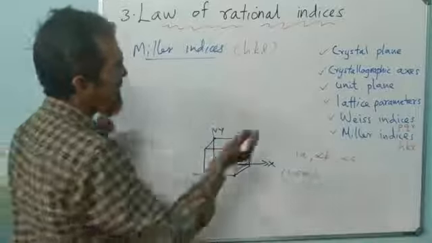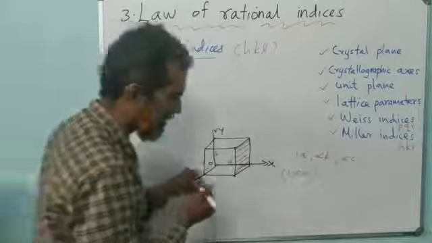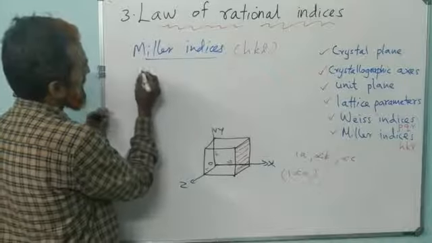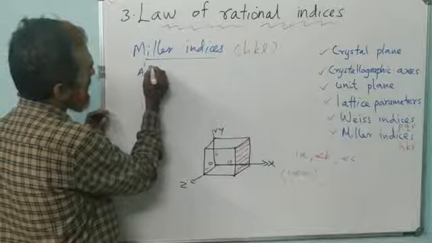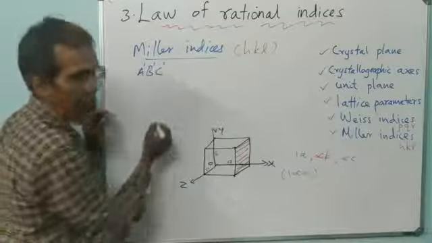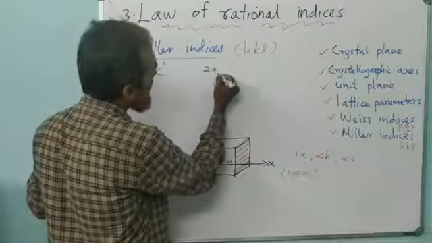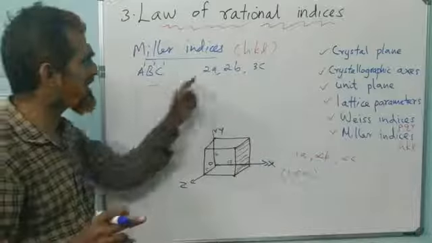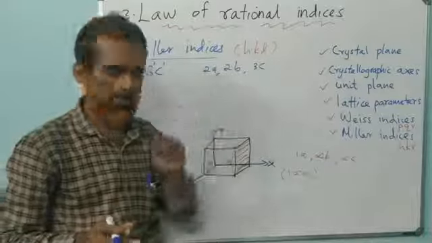Let's take the first example again to explain Miller indices. We have seen that the intercepts for the plane A'B'C' are 2A, 2B and 3C, and the Weiss index is 2, 2, 3.